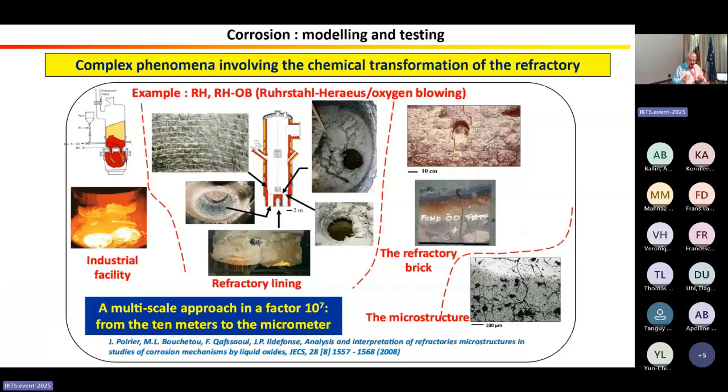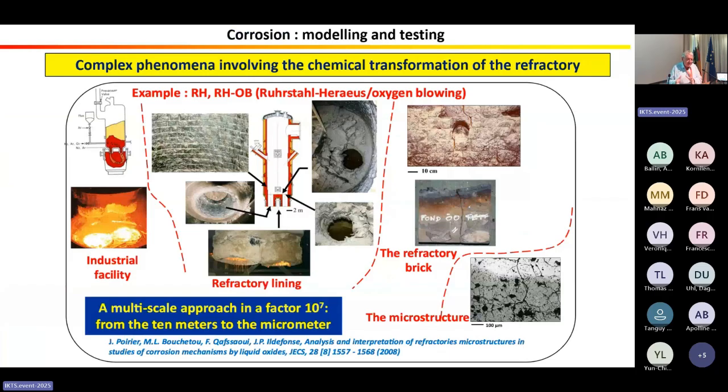Here you have another industrial example. It concerns secondary metallurgy, the RH or RH-OB, which is refining steel. We observe the refractory at different scales: industrial facilities, refractory lining, refractory bricks, and microstructure.